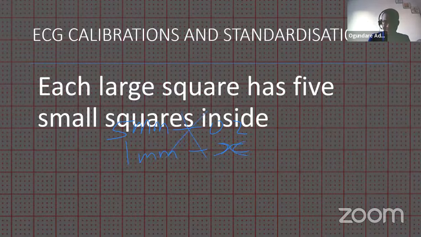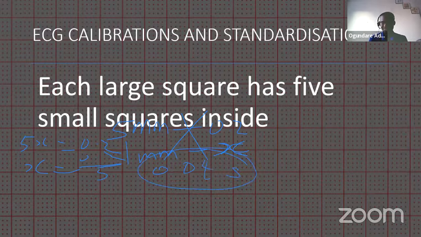If you cross multiply, you're going to have 5x equals 0.2 times 1, which is 0.2. So your x is going to be 0.2 divided by 5, and that will give you 0.04 seconds.